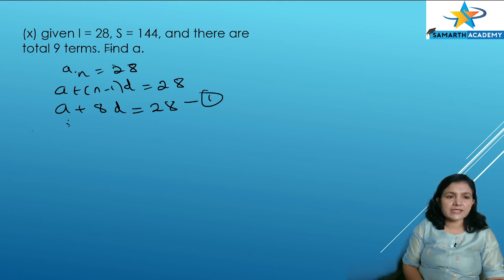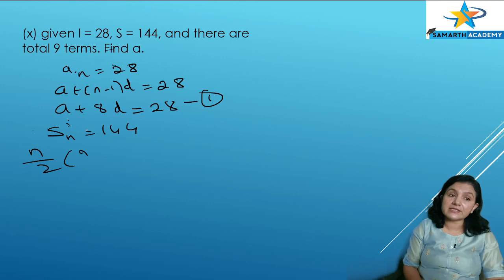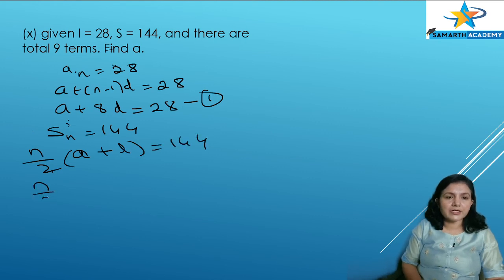Now S is 144, that is Sn is equal to 144. What's the formula? n by 2, 2a plus n minus 1 into d, or here the last term is given. I'll use the formula n by 2 into a plus the last term is equal to 144. We don't know what is a, but the last term is 28. The number of terms was 9.